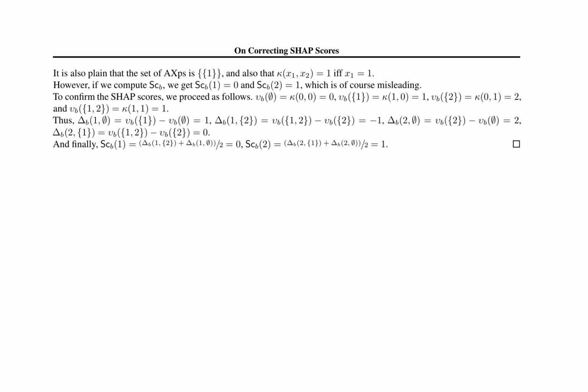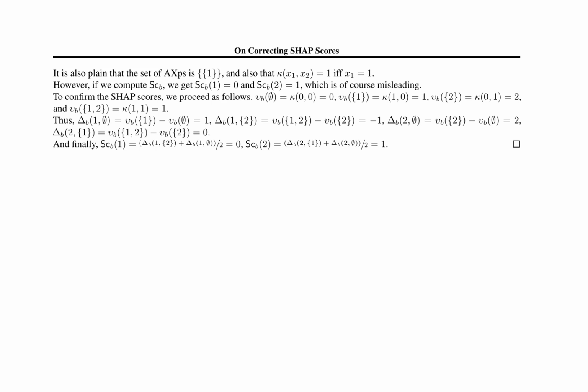On correcting SHAP scores, the set of AXPs is determined to be {1}, and the kernel function κ(x1, x2) is evaluated as 1 if x1 equals 1. However, the computation of SCB yields SCB(1) equals 0 and SCB(2) equals 1, which is misleading. To rectify this, the SHAP scores are recalculated as follows.